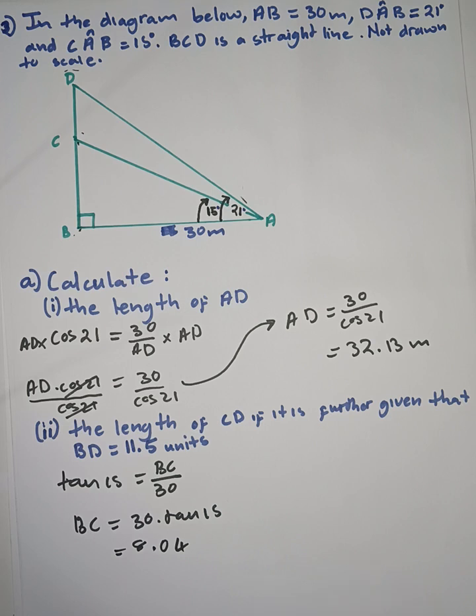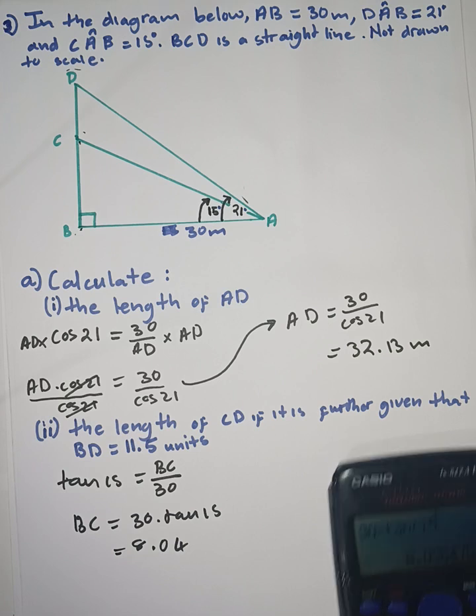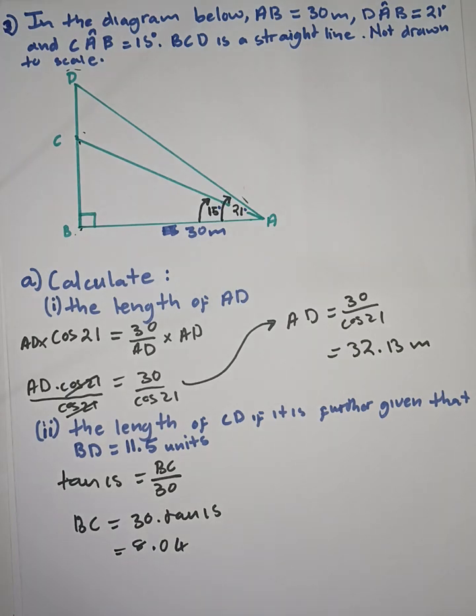So I'm just going to store that value, 30 multiplied by tan of 15. I'm going to leave that value there, the value that I got. Now you can't round off unless it is the final value.